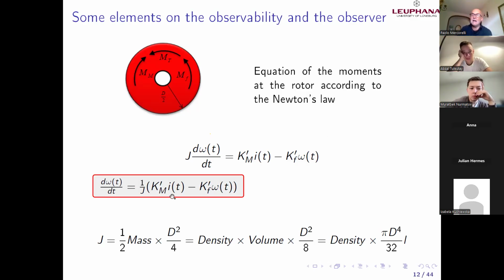We can see that J here, don't learn this, just to have a feeling, depends also on the mass, on the geometrical dimension of the rotor. It's complex because it's in a drive, it's in a motor. But anyway, the equation here in the middle reflects exactly what we learned in high school. Mass multiplied by acceleration, but the acceleration is the derivative of the velocity, the change of velocity.